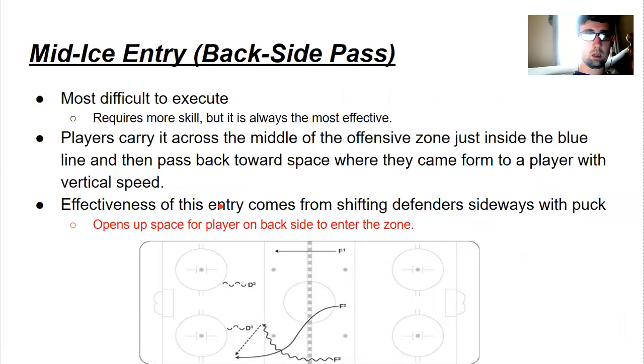Players carry it across the middle of the ice, the middle of the offensive zone, just inside the blue line, and then pass back toward space where they came from, to a player with vertical speed. Effectiveness on this entry comes from shifting defenders sideways with the puck. It opens up space for the player on the backside to enter the zone.